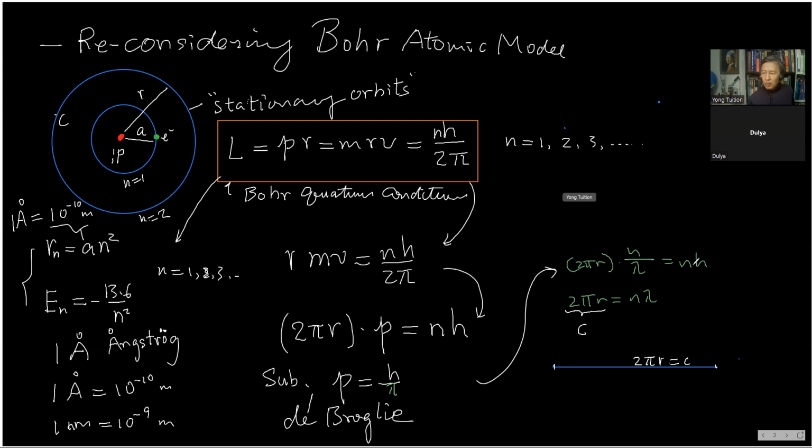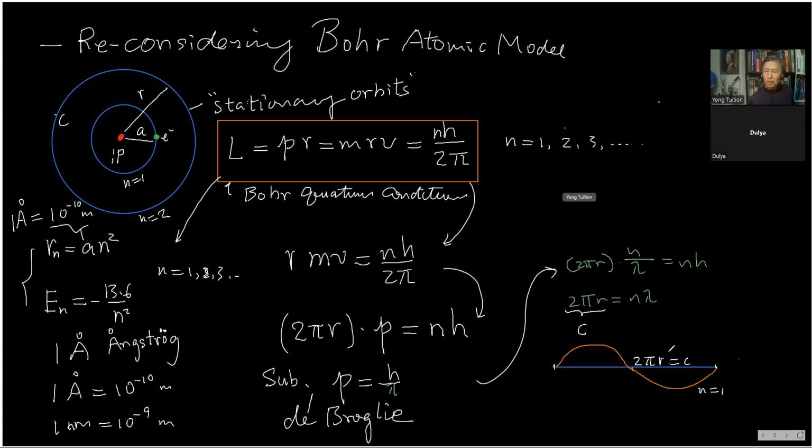When n equal to 1, we will have just one sine wave. Can you see that? That is called the fundamental harmonic. You remember? As n equal to 1.